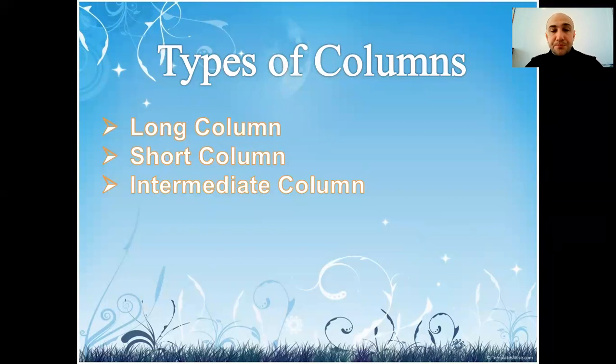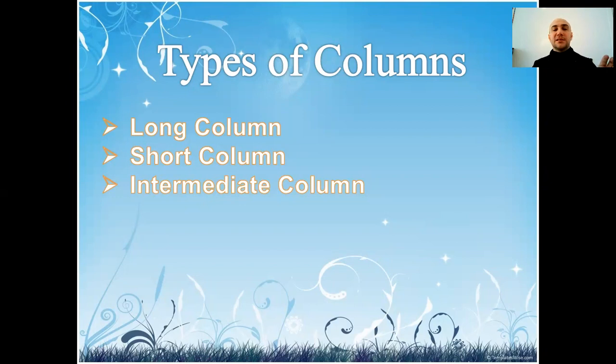Intermediate columns. An intermediate column is a steel column or reinforced concrete column with a slenderness ratio of 40 up to 120.